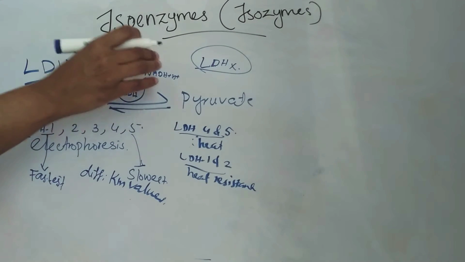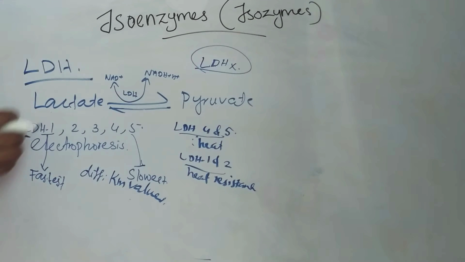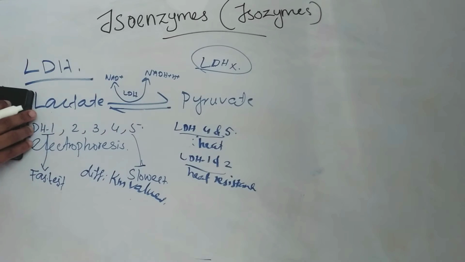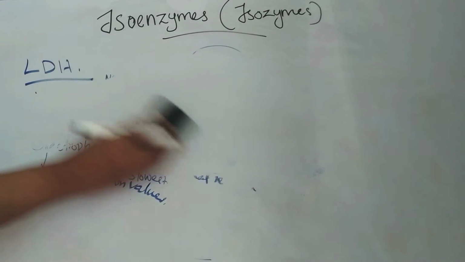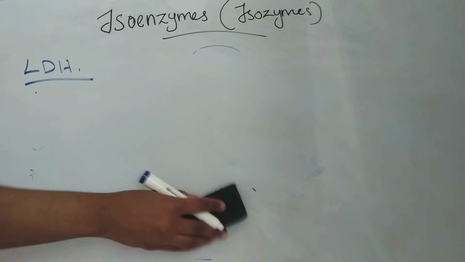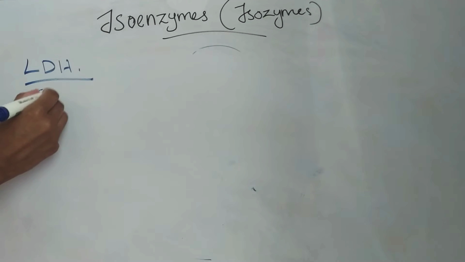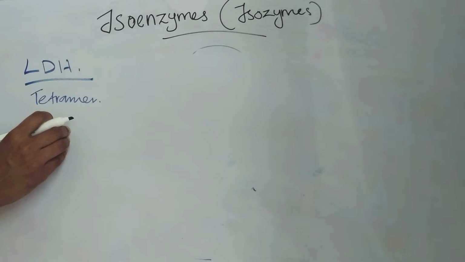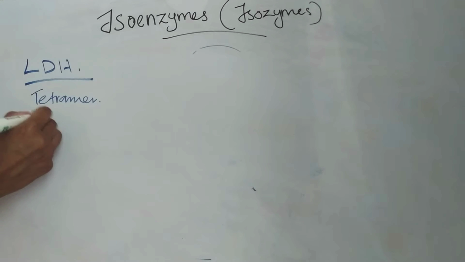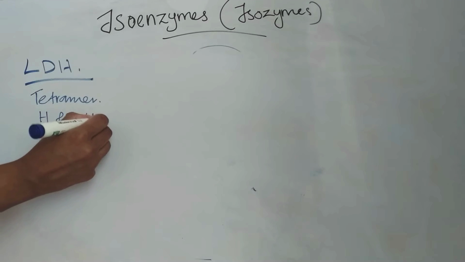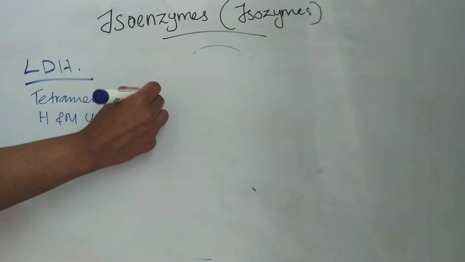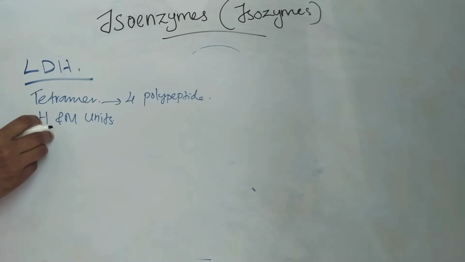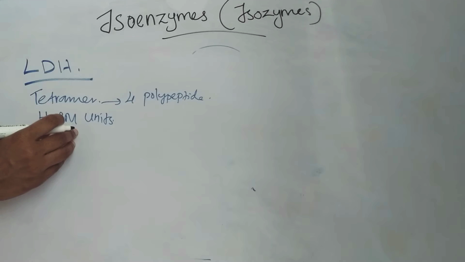Each isoenzyme is a tetramer, consisting of 4 polypeptide subunits, which are H and M units.